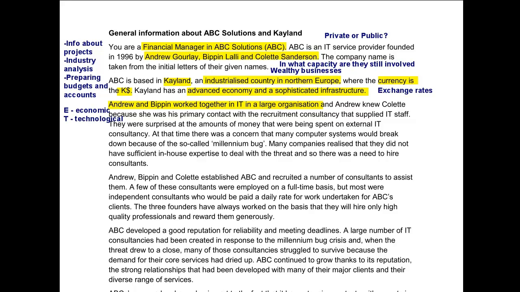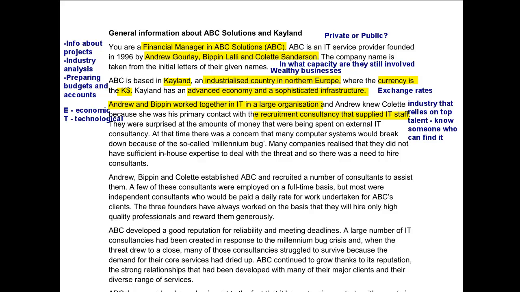And also they know Colette, who was a good contact in the recruitment world regarding IT. She was a primary contact that supplied IT staff. This is very important, particularly for a business that depends on high quality talent. So they have someone who knows where to find the talent.